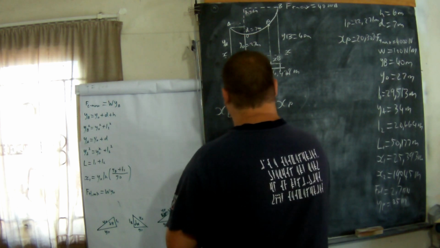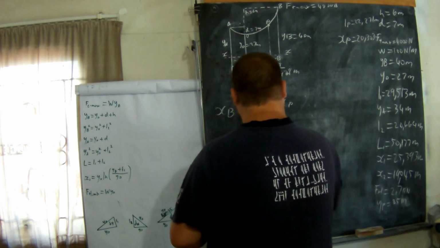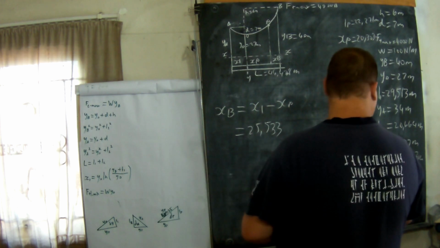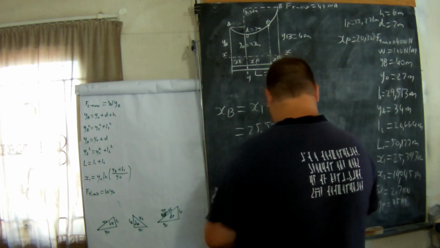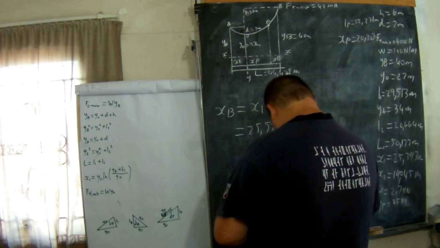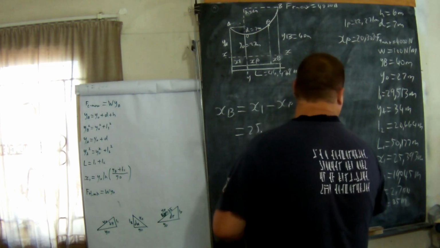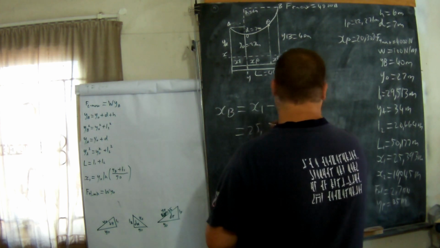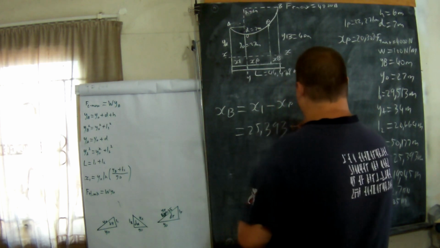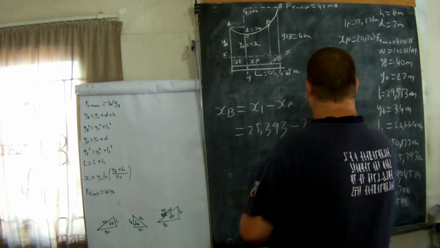So what we're left with is 25,393 minus 20,303.